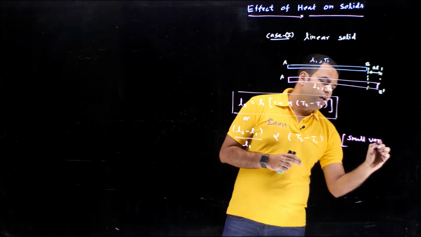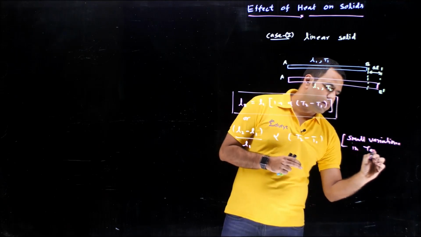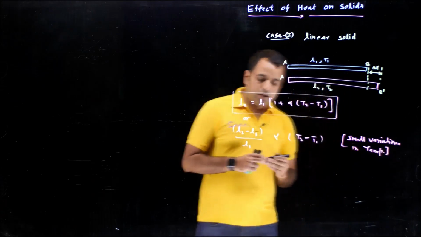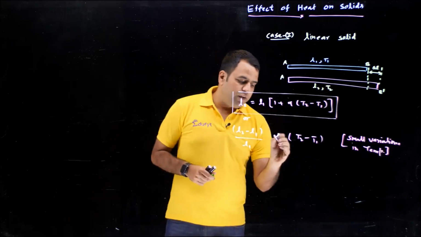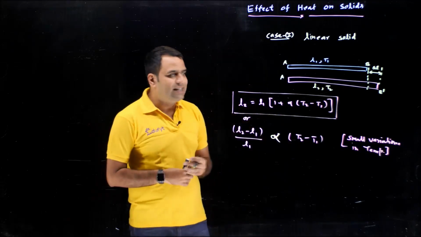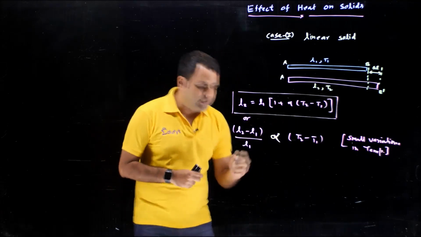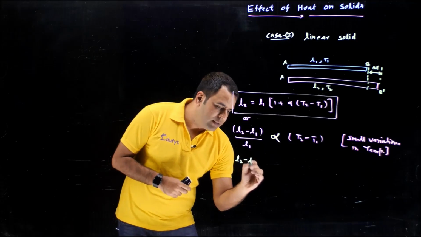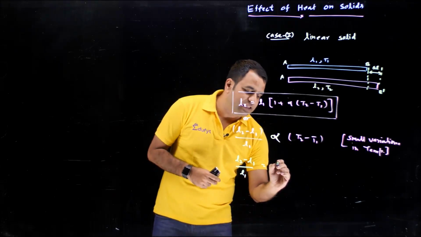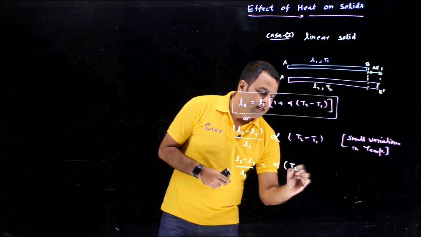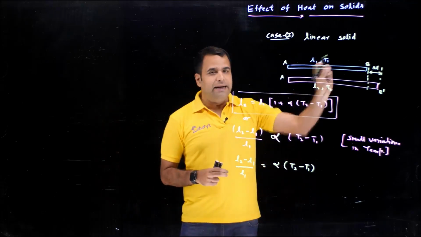There is this proportionality sign, so we have to introduce a constant, and this is not a universal constant. It will be a local constant. So (L2 - L1)/L1 = alpha(T2 - T1), where alpha is the local constant which depends upon the material of the rod.